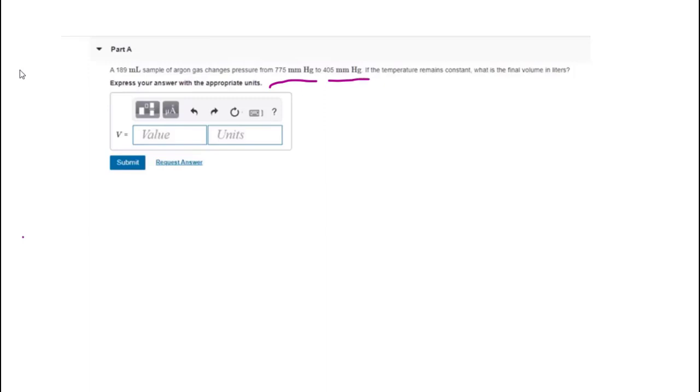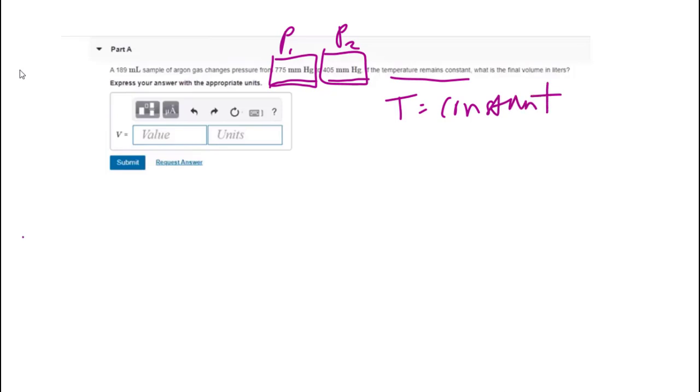So I'm changing pressure from pressure 1, which is what it tells me here, to, when it says that, that implies that that's my second pressure. If the temperature remains constant, so T is constant, I don't need to worry about any changing for temperature. What is the final volume? Okay, so that means final volume, V2, is question mark.